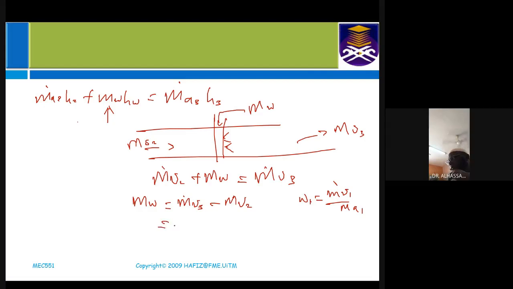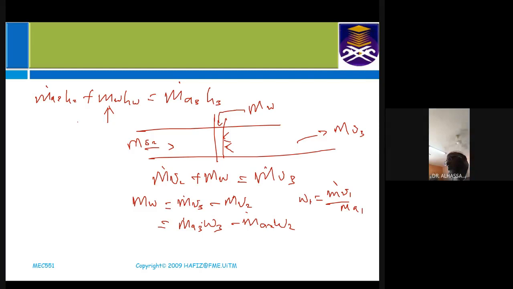So this gives me MA3 omega 3 minus MA2 omega 2. Okay.